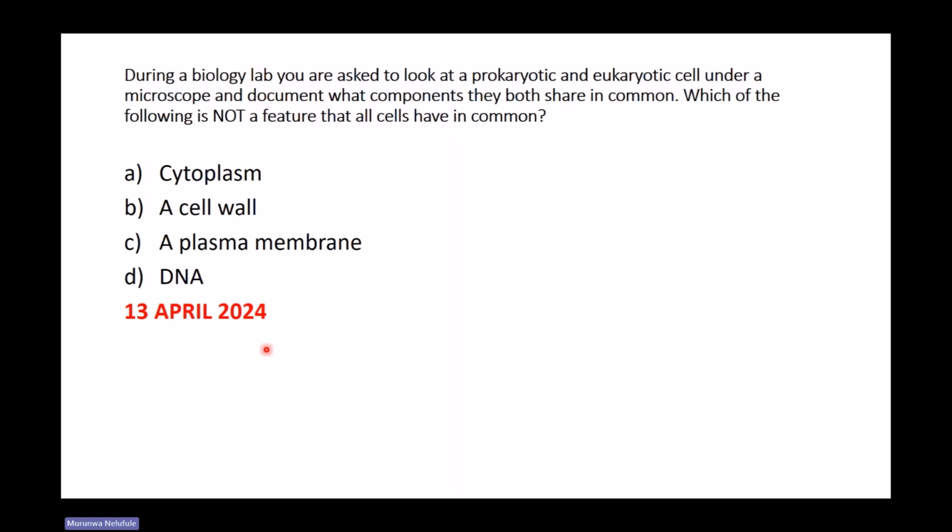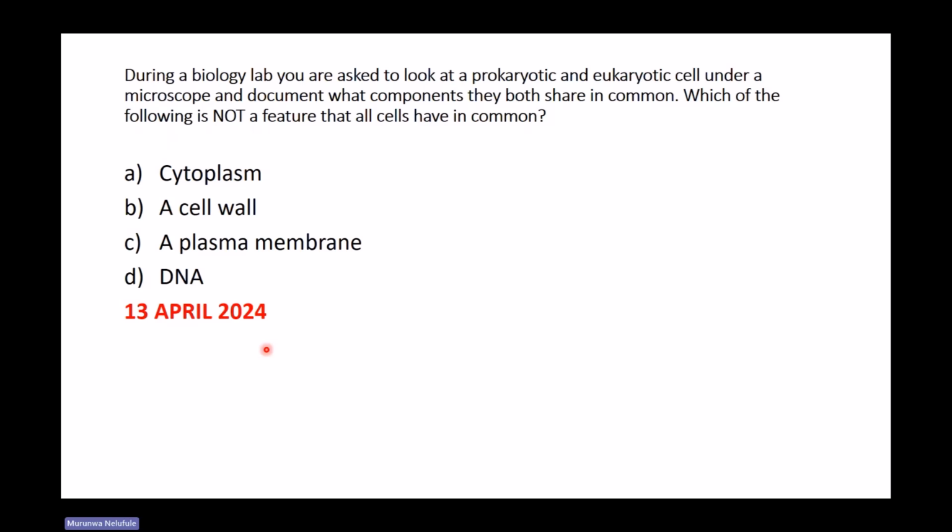So here's another question. During the biology lab, you are asked to look at a prokaryotic and eukaryotic cell under a microscope and document what components they both share in common. Which of the following is not a feature the cells have in common?